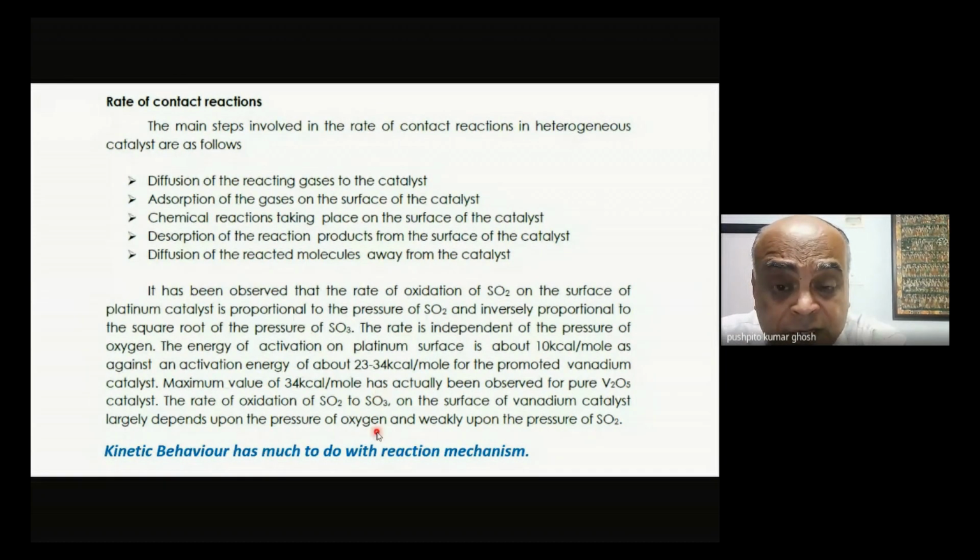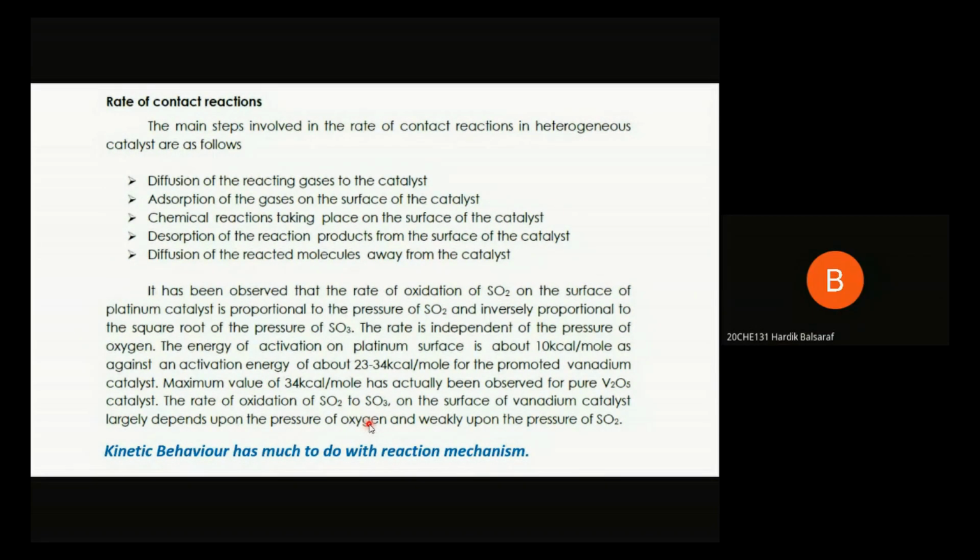These have very, very profound implications in terms of the industrial practice of these reactions. Can anyone tell me what could be the drawbacks of the vanadium pentoxide in terms of its practical use as compared to platinum because of this? Just read it, just see what it says. So we would require a relatively higher amount of oxygen than SO2.